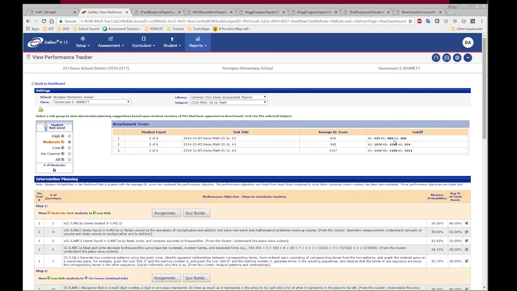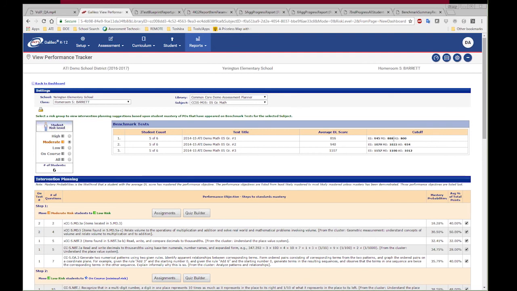In this case, the state used the language that we here in the state of Arizona used to call the FAME scale: falls far below, approaches, meets, and exceeds the standards, meets and exceeds being passing cuts. So they would have to get 888, 1022, or 1100 in order to pass the test.